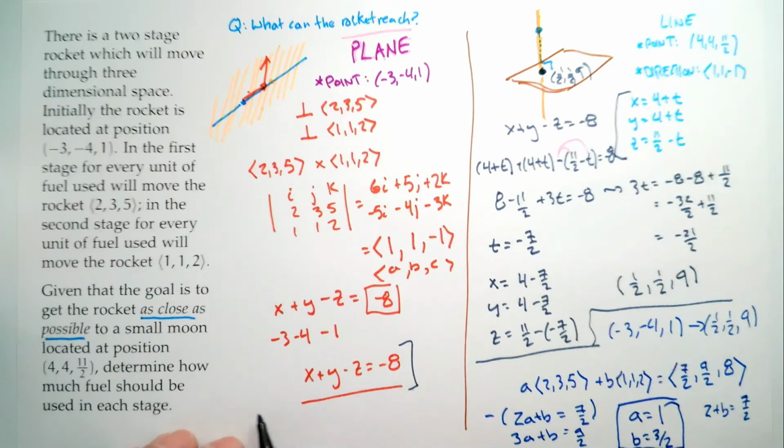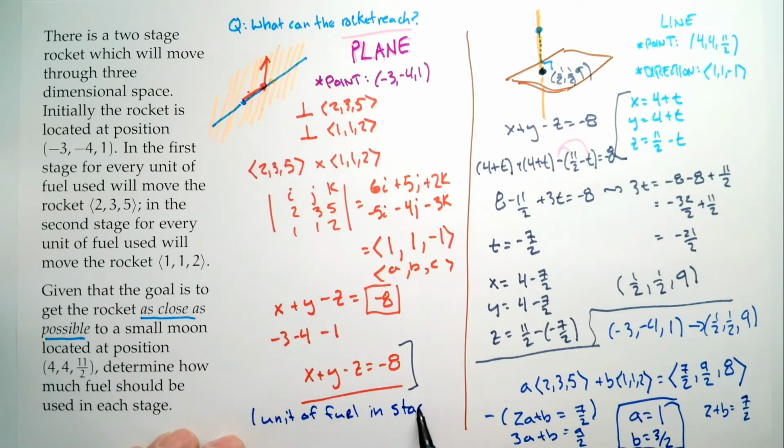So 1 unit of fuel in stage 1, and 3/2, or if you want to sound very technical, sound like an engineer, 1.5 units of fuel in stage 2. That's the amount of fuel we should use to get our rocket as close as we can to that moon.